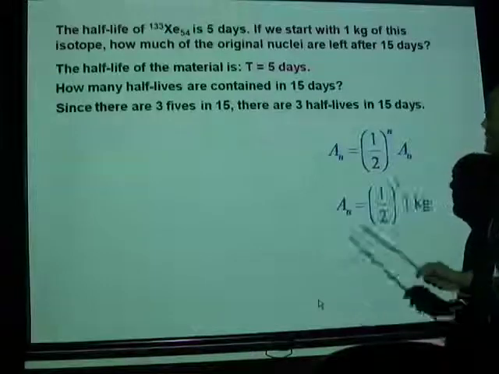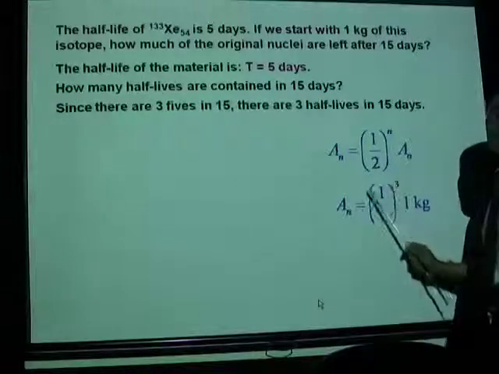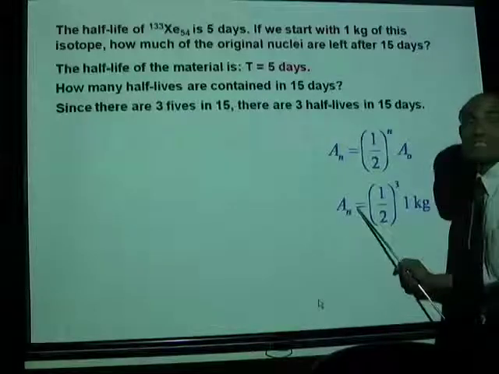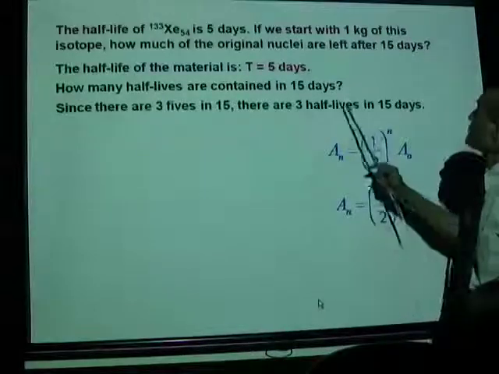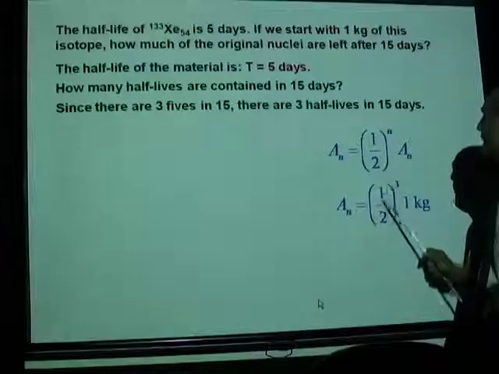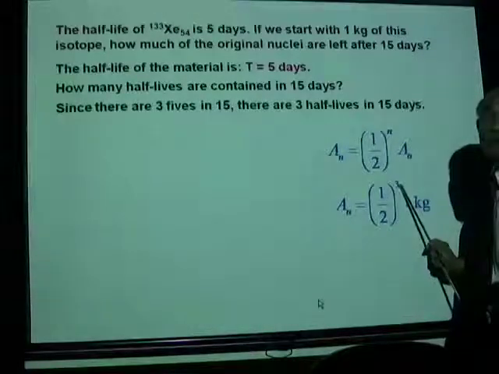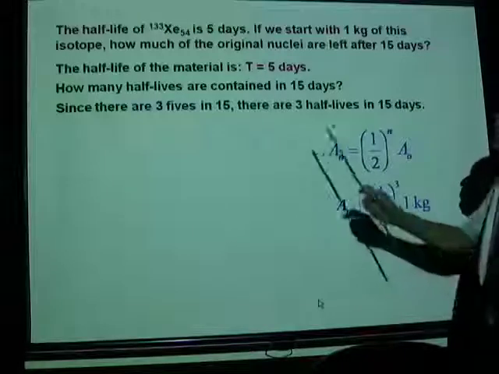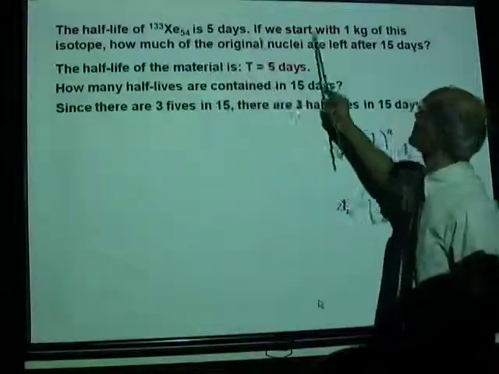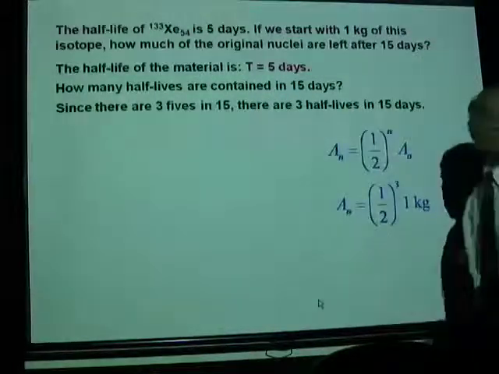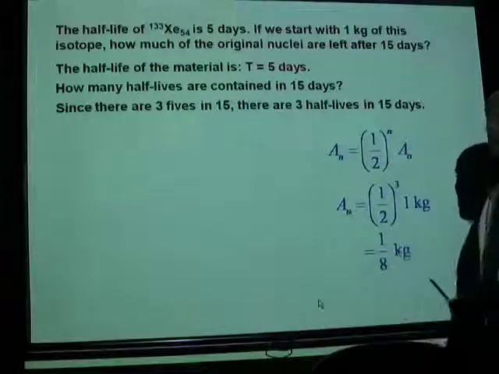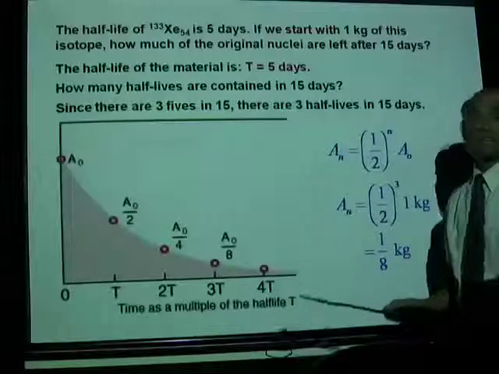And therefore we say An, in this case, we need to find how much of the original material is left after 3 half-lives. We have An is 1/2 to the power of 3 times the original amount, 1 kilogram. Is that right? So how much is left after 3 half-lives? That will be 1/8 of a kilogram.